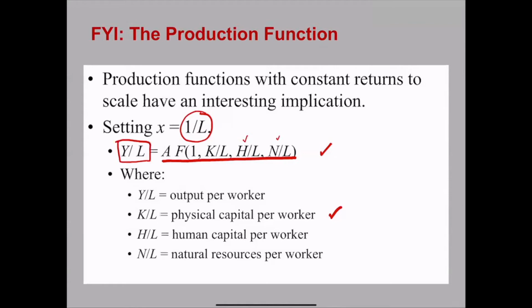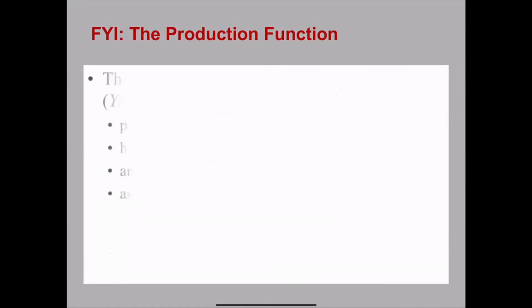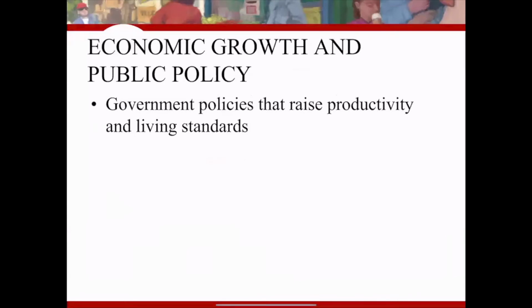So actually we would think about these two terms and also the technology, right? So in order to promote economic growth, the government should do some policy to improve these factors.